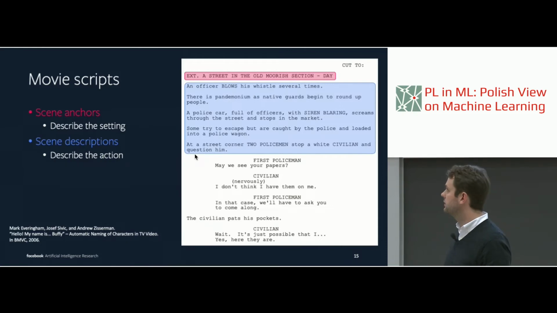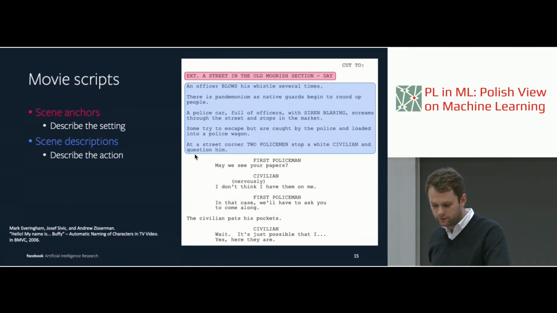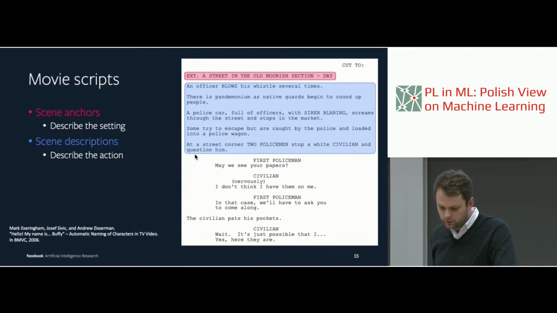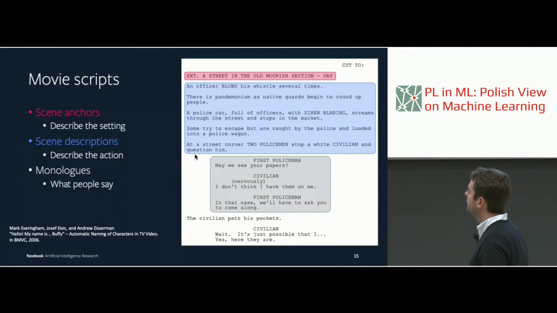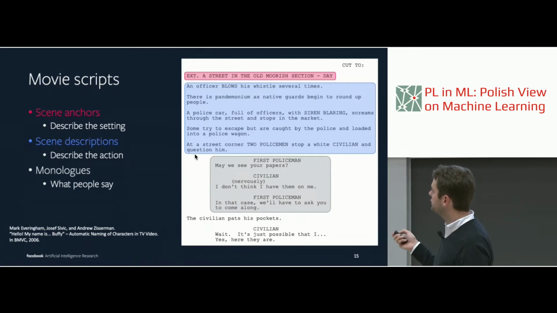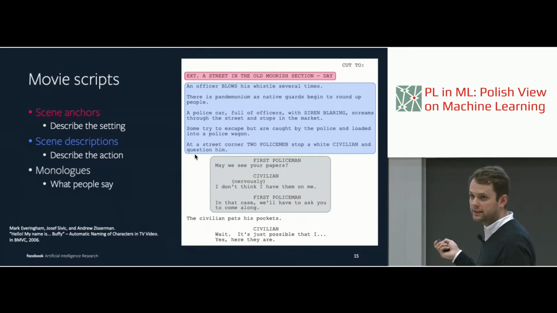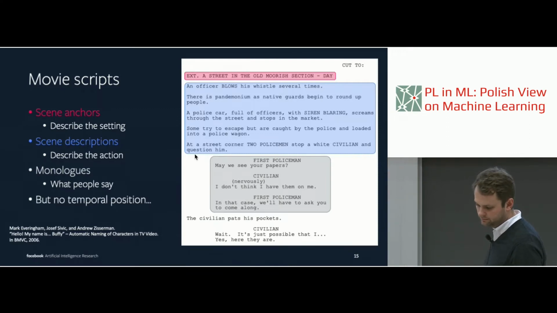Scene descriptions, which are gonna describe what's going on. So an officer blows his whistle several times. There is a pandemonium as native guards begin to round up people, etc. So it's describing what's gonna happen on screen. And there are monologues, which give you what people say. Basically what actors are gonna pronounce.